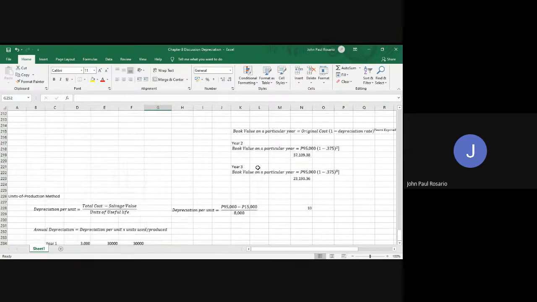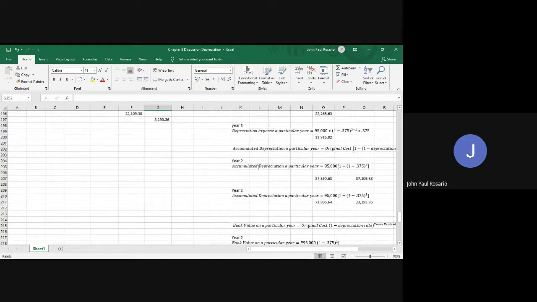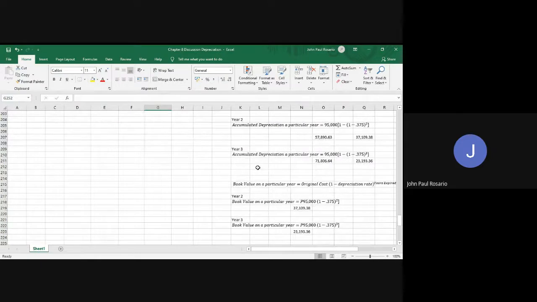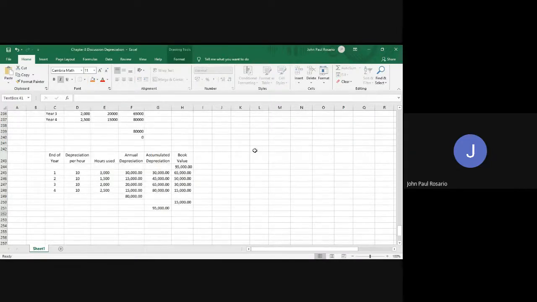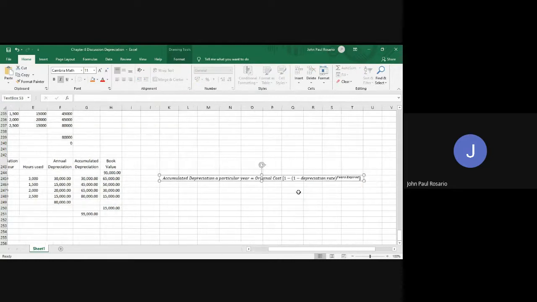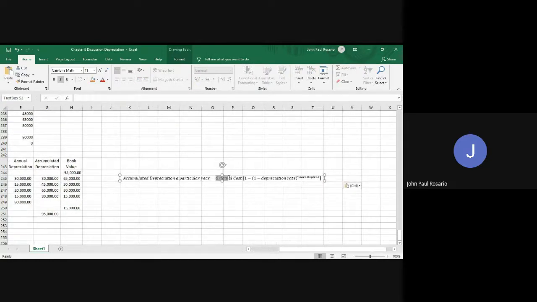How about, sir, the accumulated depreciation? So for your accumulated depreciation for a particular year, it would be solved with the depreciation rate per unit.